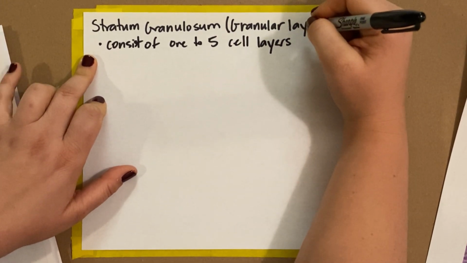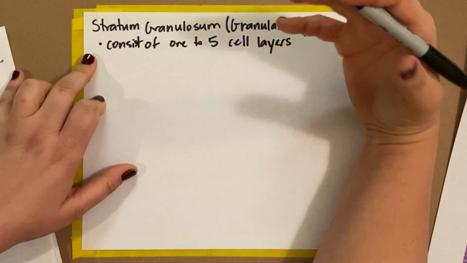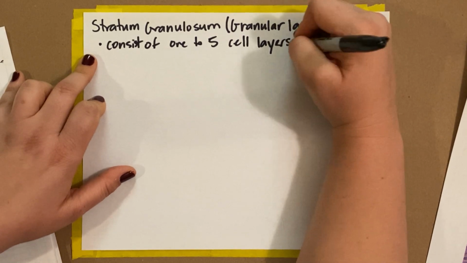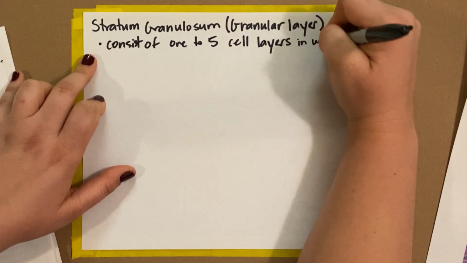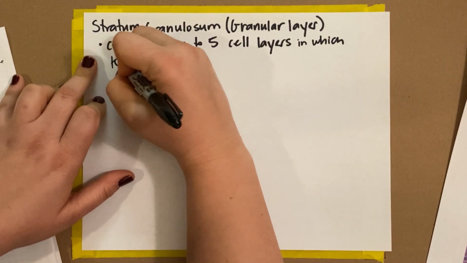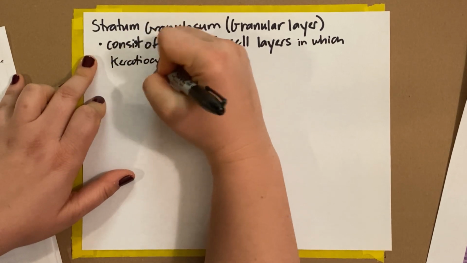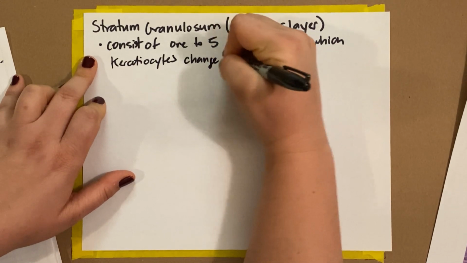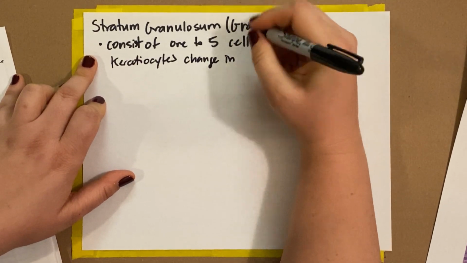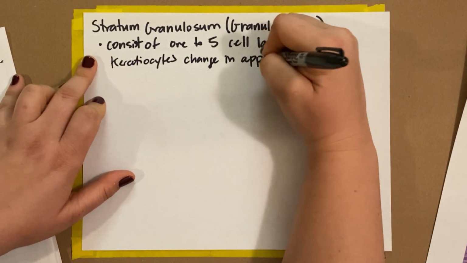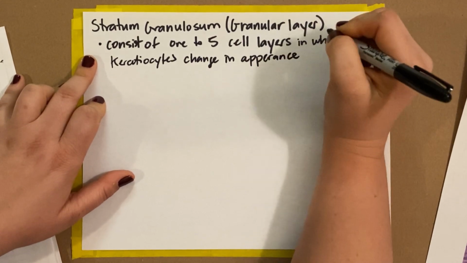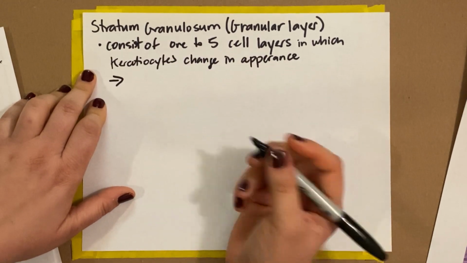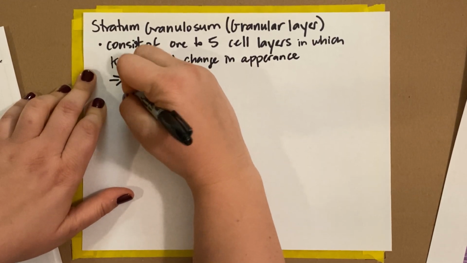Okay, and so they start to change appearance pretty dramatically from the stratum spinosum. Okay, so in which the keratinocytes change in appearance. Okay, and the change is happening because of keratinization.